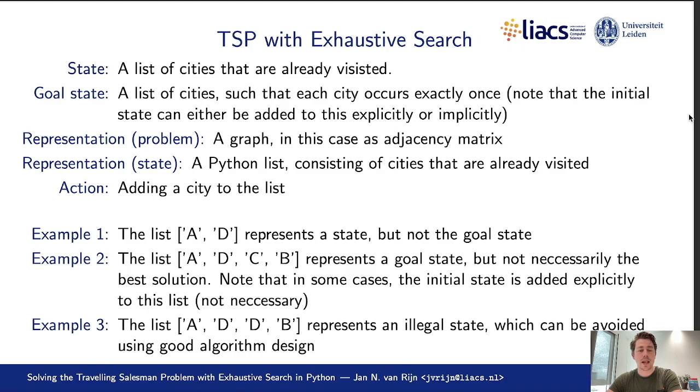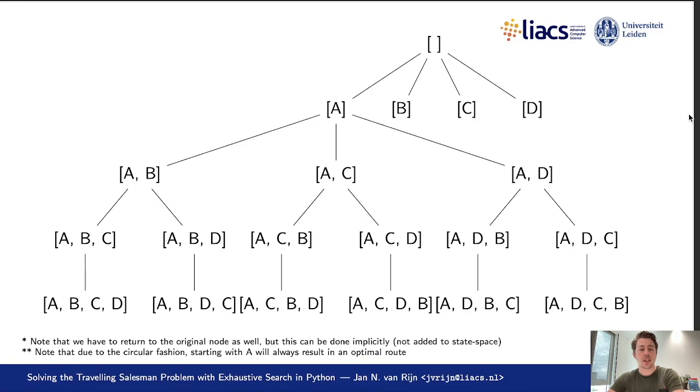And the list ADDB represents an illegal state, which we should avoid coming into if we build our algorithm in the proper way. Now, what does this state space look like?